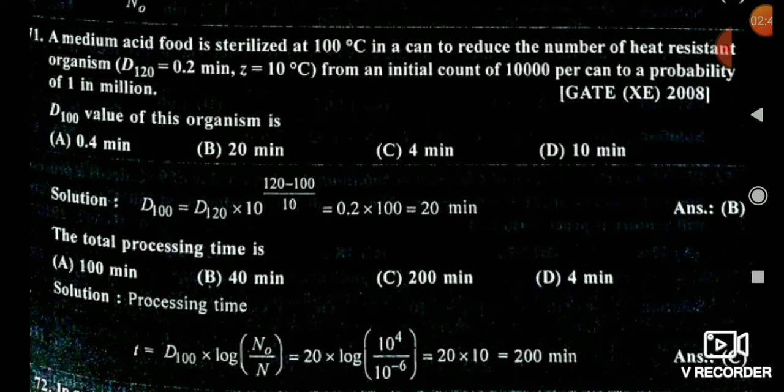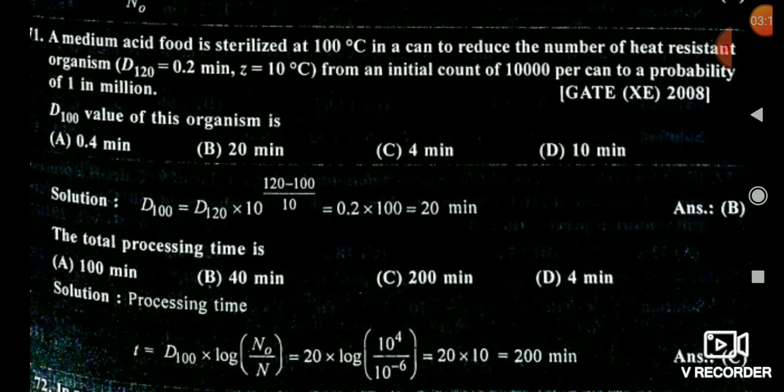D at 120 degree is given. And it is asking about the D value at 100 degree Celsius and Z value is given. So you have studied the relationship regarding the D and Z and temperature.